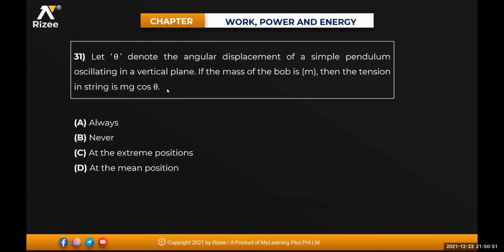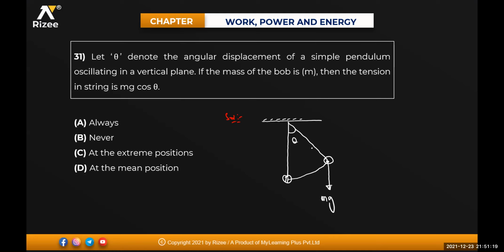Theta denotes the angular displacement of a simple pendulum oscillating in the vertical plane. This is your pendulum. This is your extreme position, making an angle theta.